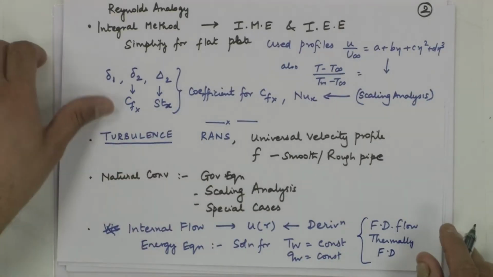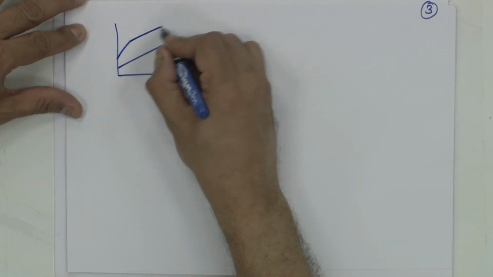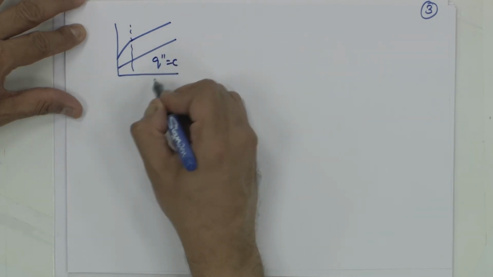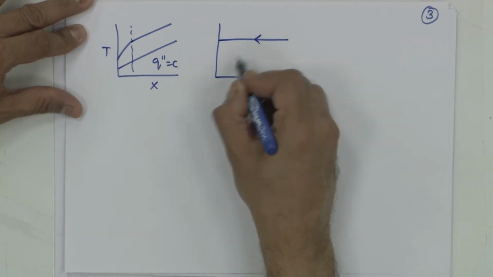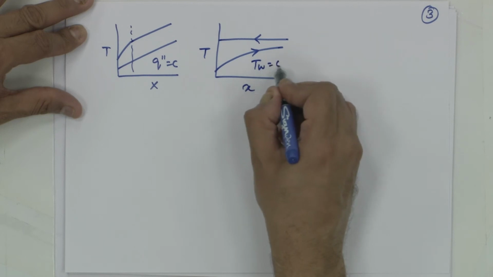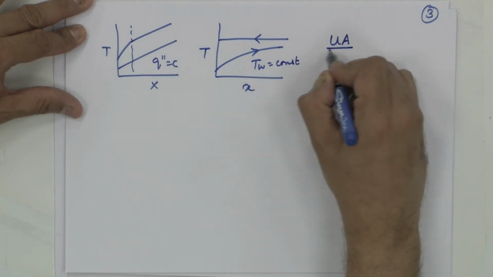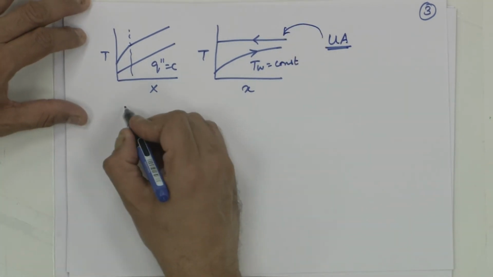These two concepts were widely used here. Then we went on to show the temperature distribution in the entrance length like this. This is QW equal to constant T versus X, and this would be T versus X for T wall equal to constant.